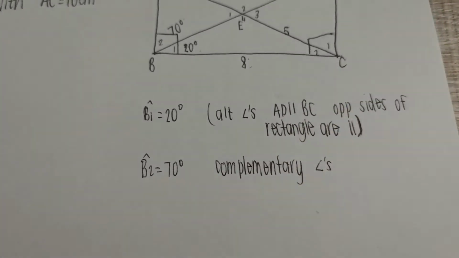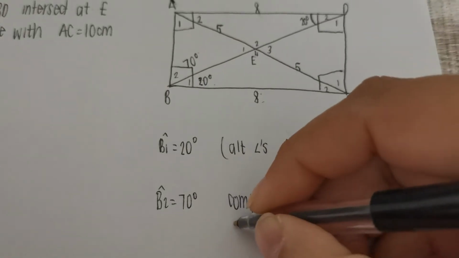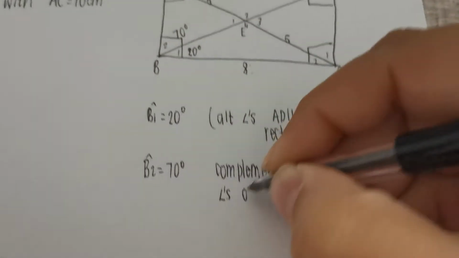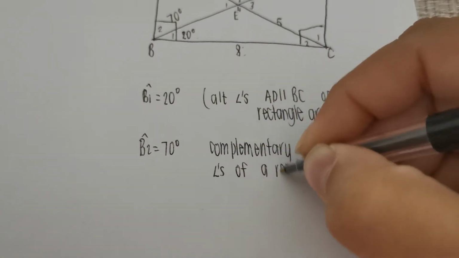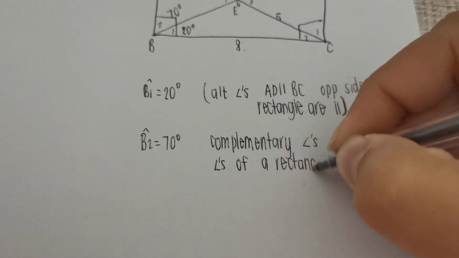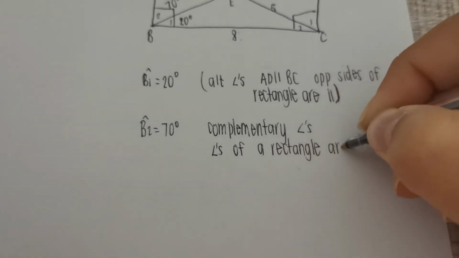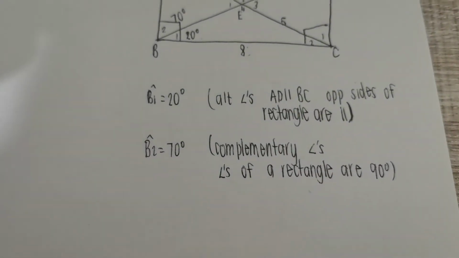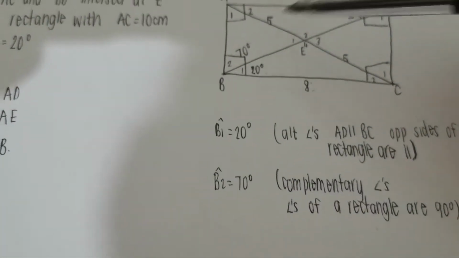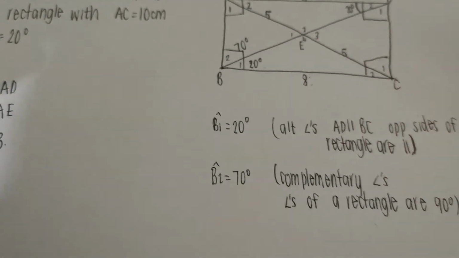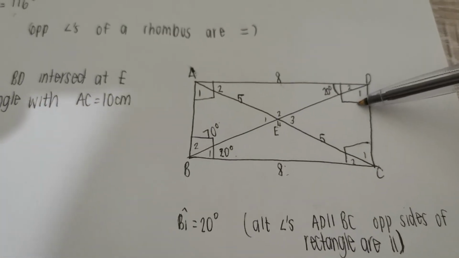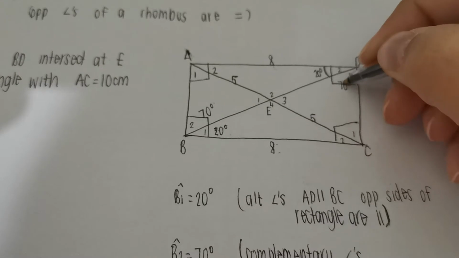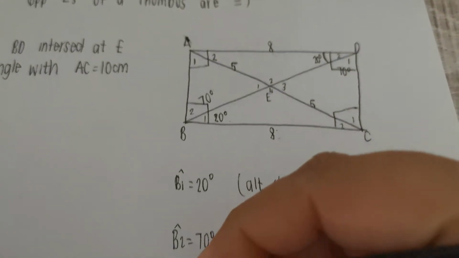How do I know they're complementary angles? Right, now that I know that this one here is 70 degrees, I also know that this one here is 70 degrees, same reason. D1.